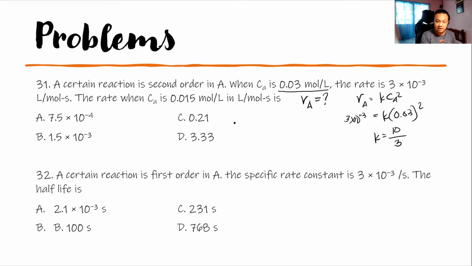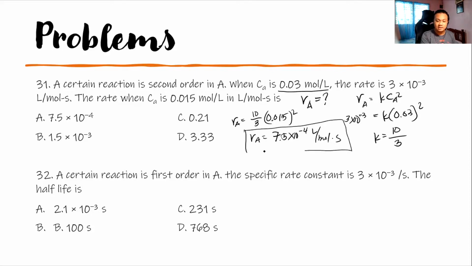So we have K here, the 10 over 3, and then we have 0.015 squared here. So RA is 7.5 times 10 to the negative 4 liter per mole per second. Okay, so that's letter A.